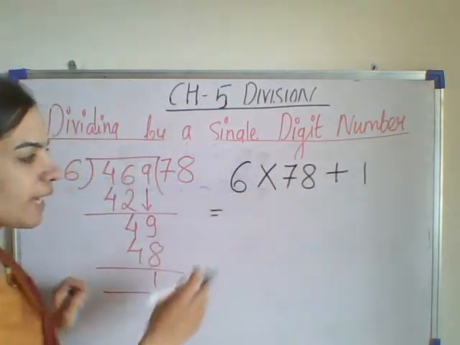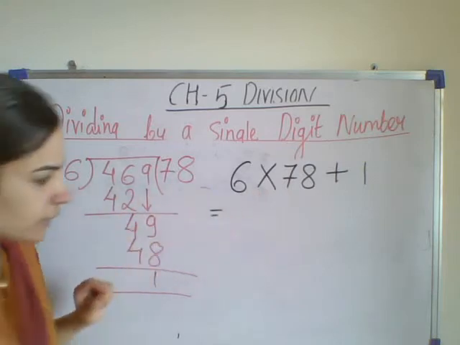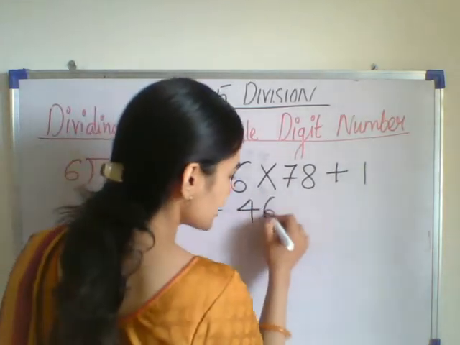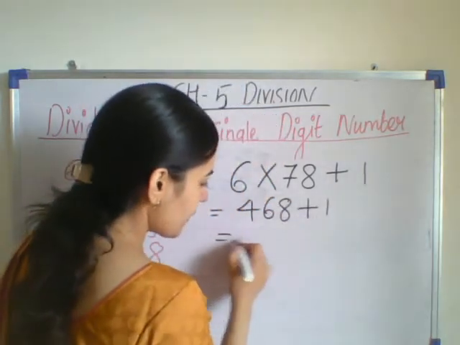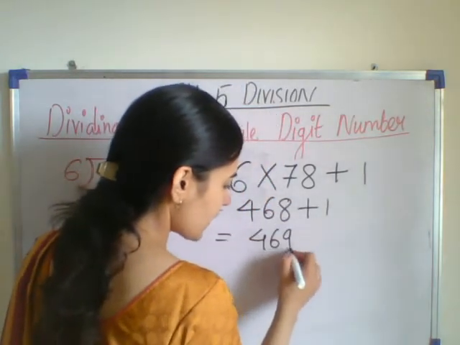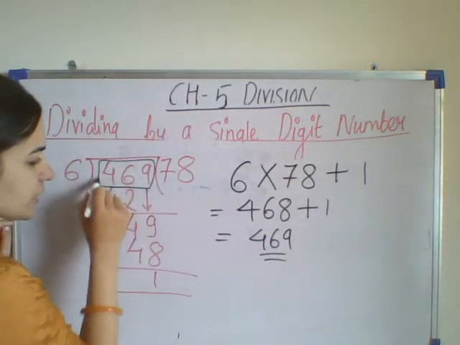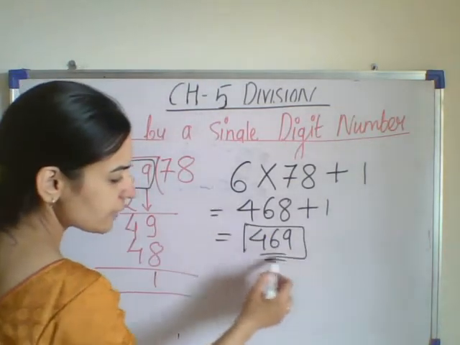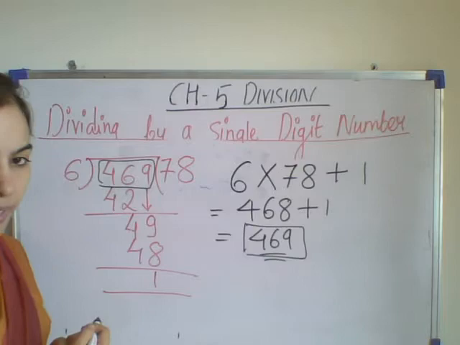So if you multiply 78 with 6, you will be getting 468 plus 1. 468 plus 1 is 469. See here our dividend, it is 469. Here also the answer we get is 469. It means that the division we have done is correct.